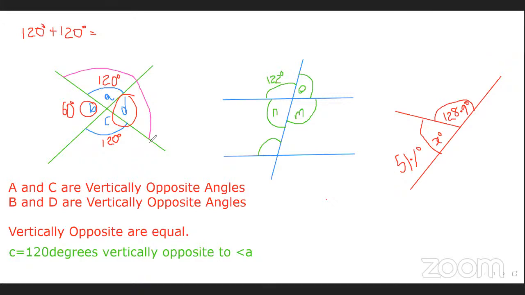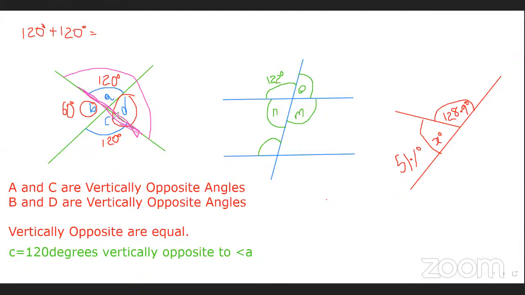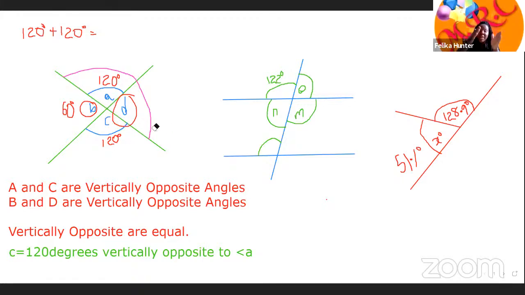We don't need to use the 360. These two angles are on what? Miss, on a straight line. Yes, they are on a straight line.